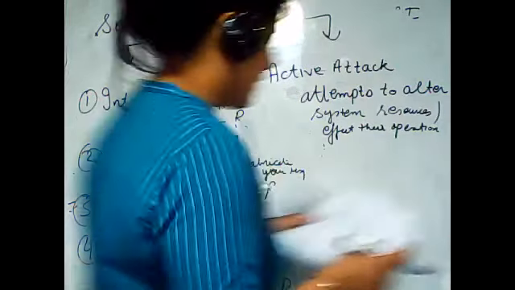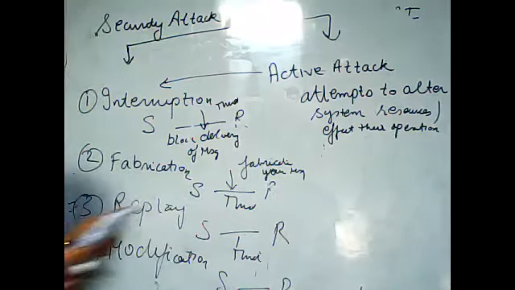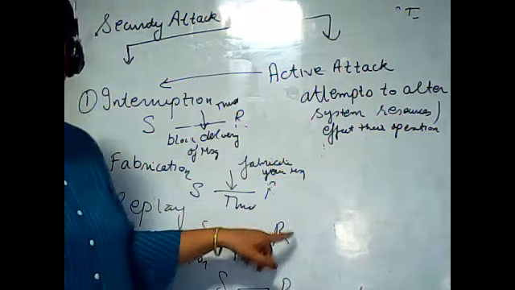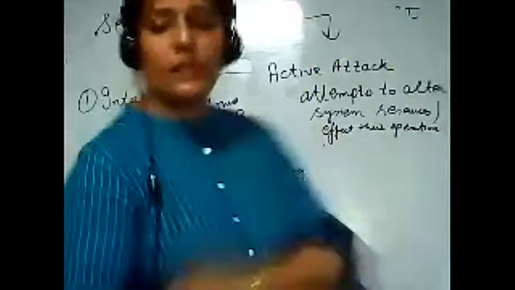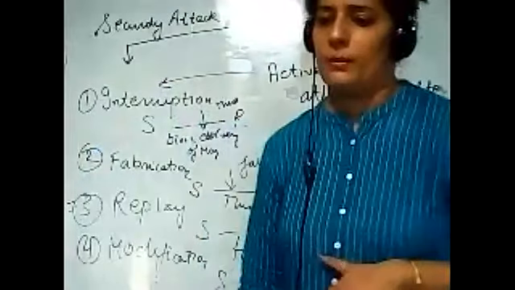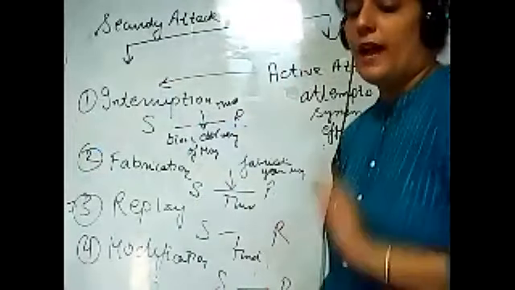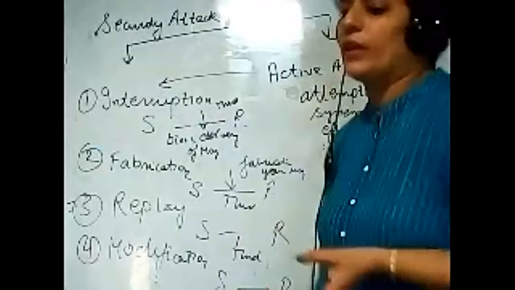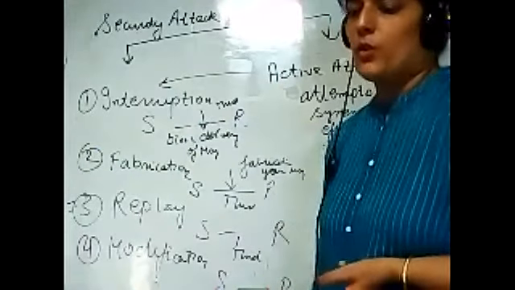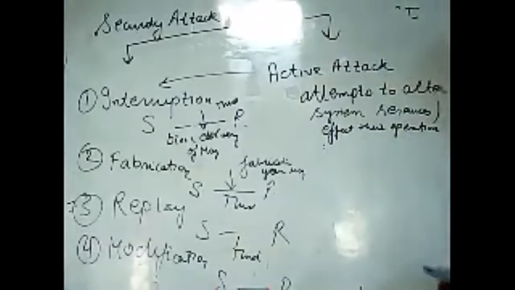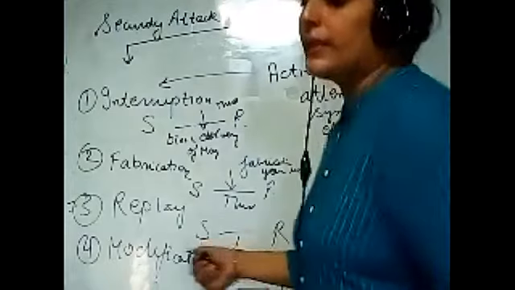Whereas in the case of an active attack, we focus on detection and recovery. We have to detect the third party, and we have to recover our transmission, because it is actively participating in your transmission and it is also modifying your messages. So it is hard to stop, but it is easy to detect.